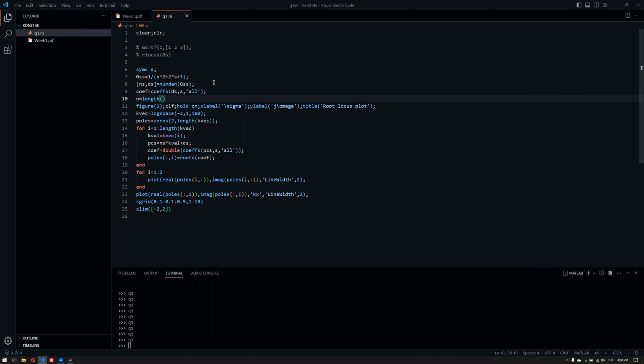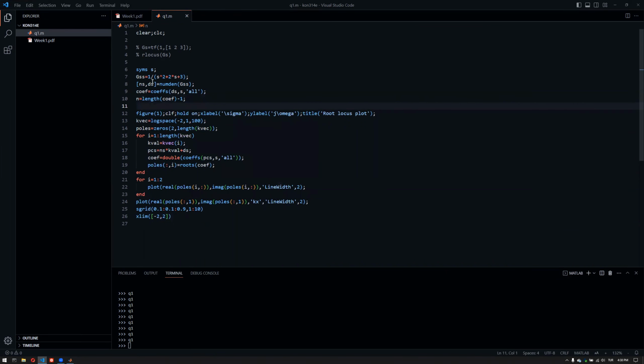And then you will also have the constant term. So you will have n plus 1 coefficients for an nth order polynomial. Therefore, I'll take the length here and subtract 1. For this second order polynomial, you can see that you have 3 coefficients, 1, 2, 3. When you subtract 1, you will get 3 minus 1 equals 2, which is the order of the polynomial.